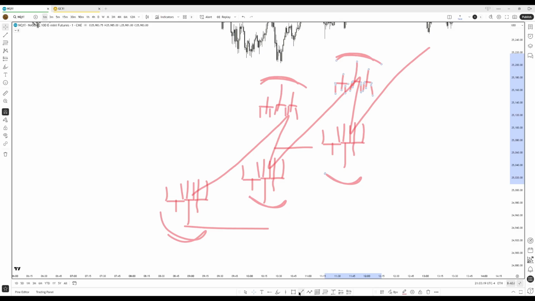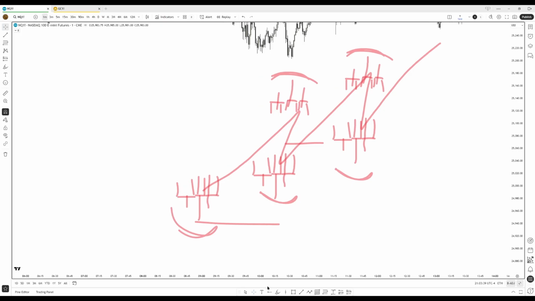So now we make a new range. I'll show you the range. We have a range here, right? Let me change the colors. I'll go purple so you can see. So we have this over here.